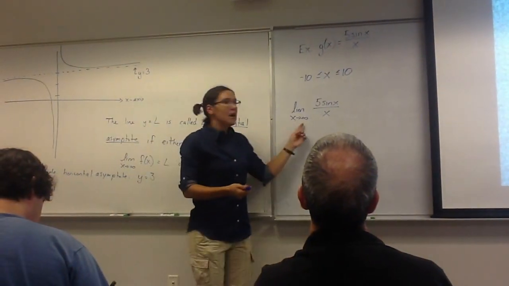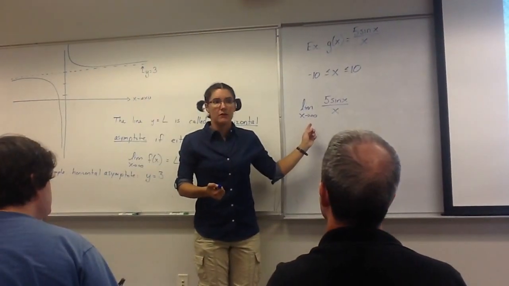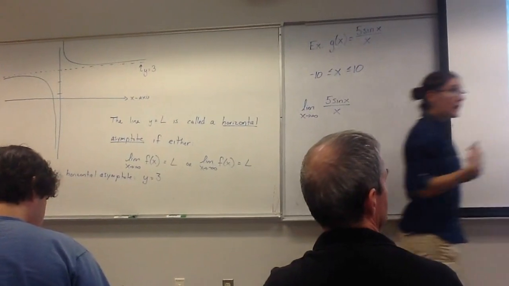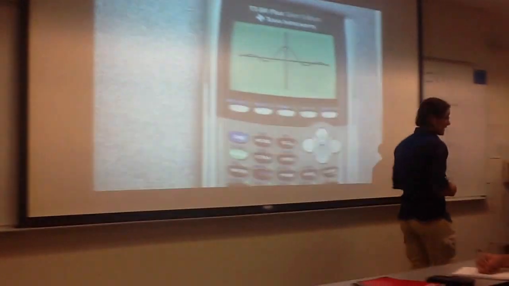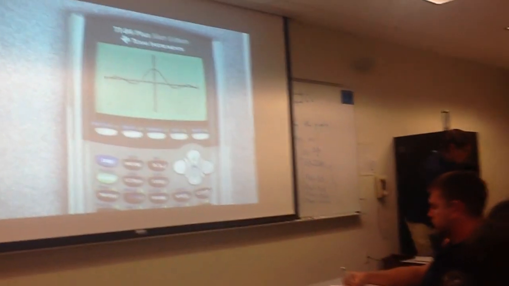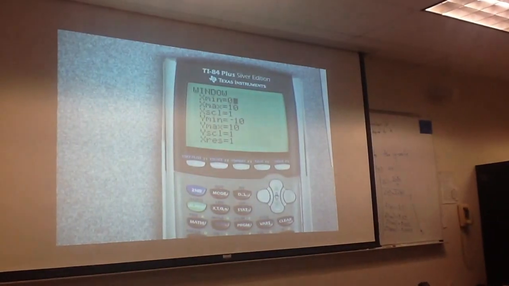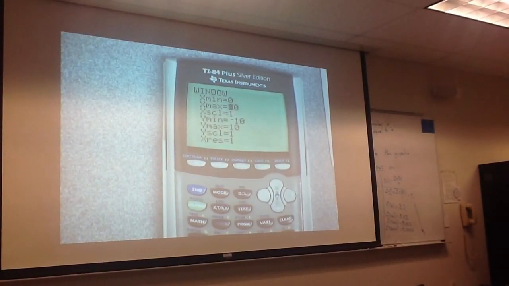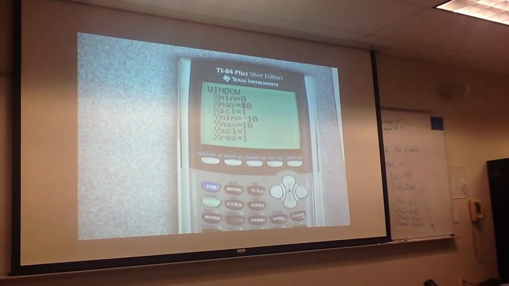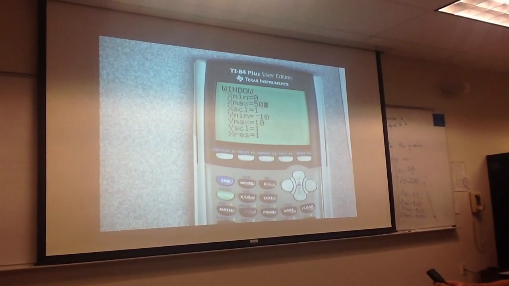So for example, I don't care at all about negative x values, but I do care about large positive x values. So I might change my window here for an x minimum of 0, and maybe an x maximum. Let's take a look at 50 and see what happens.